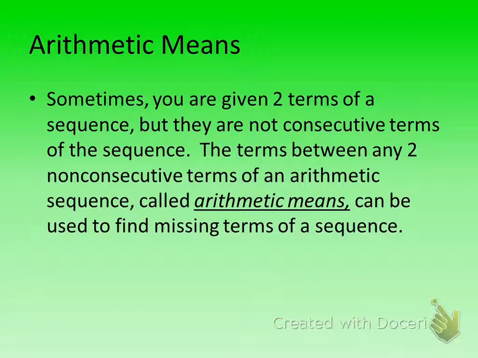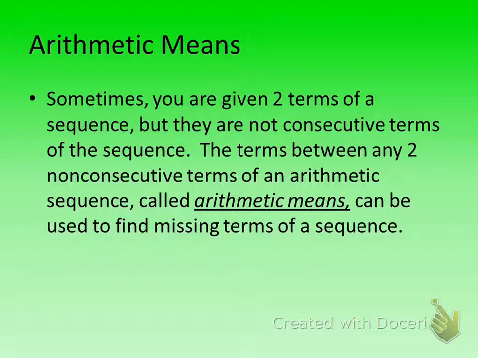Okay. New definition: arithmetic means. Sometimes you're given two terms in a sequence, but they're not in sequential order. They're not consecutive. That means there's some missing terms in the middle.